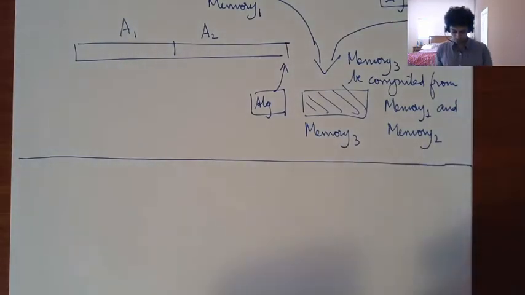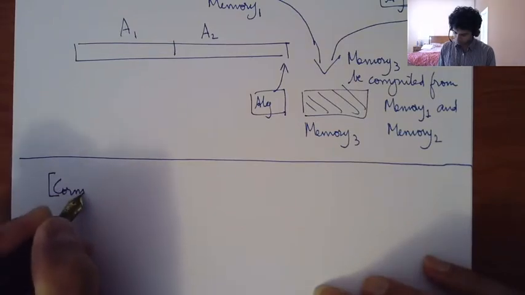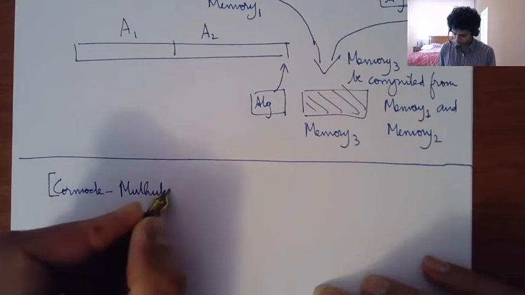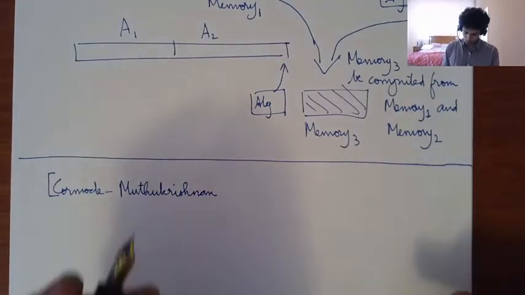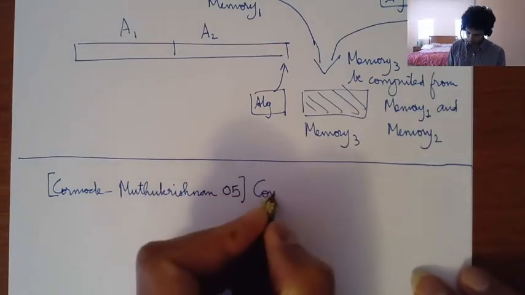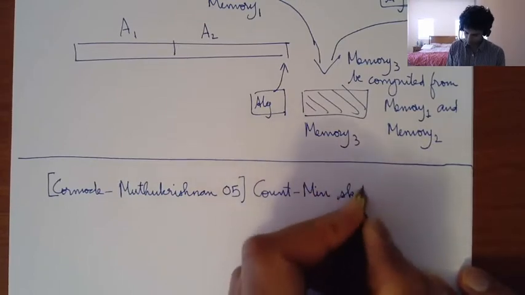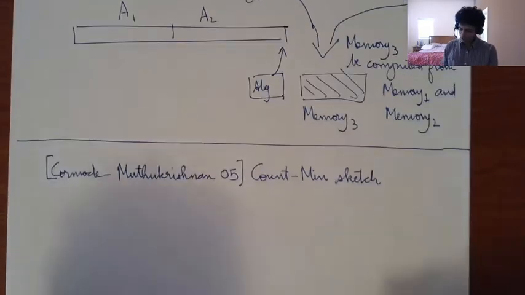Okay, so I'm going to talk about a classic result. It's not the first one, but it's a very nice algorithm by Cormode and Muthukrishnan in 2005, called the count-min sketch.